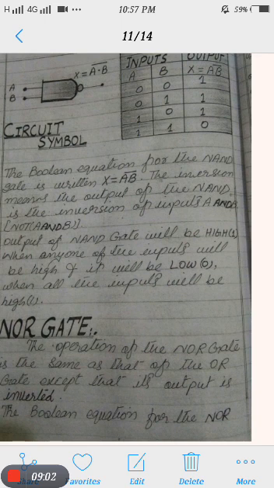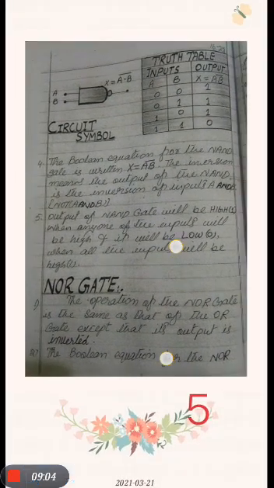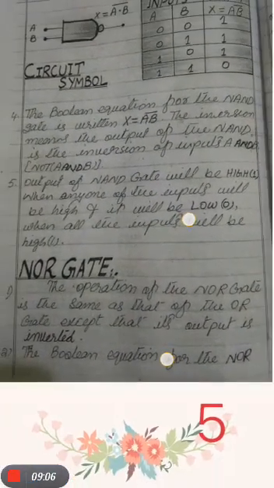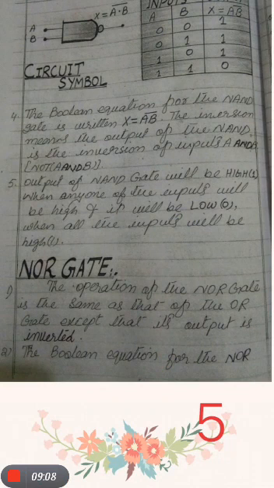Understand? The next gate is the NOR gate, which is the combination of OR gate and NOT gate. The operation of the NOR gate is the same as that of OR, except that its output is inverted.